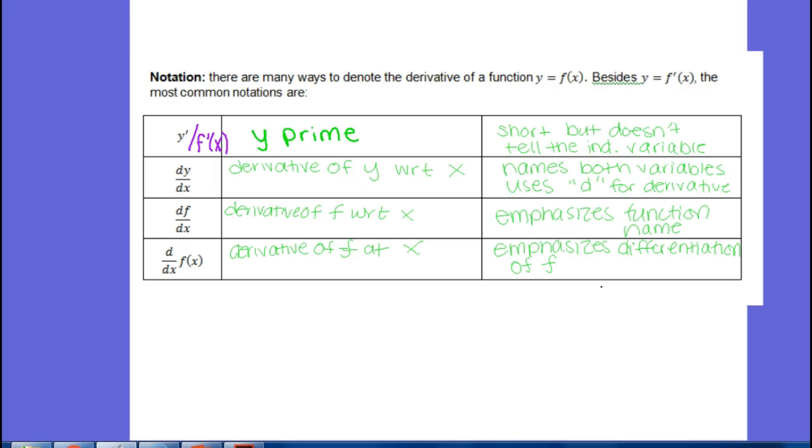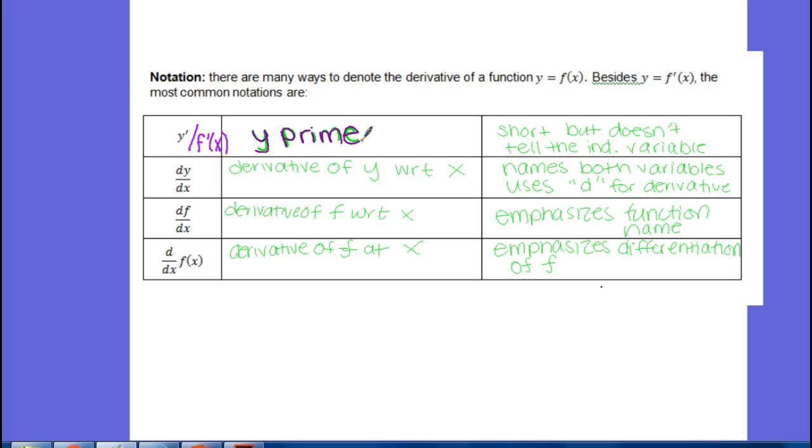All right. We have lots and lots of notation for calc things. What's the one that's right over top? So y prime, we say this as y prime.